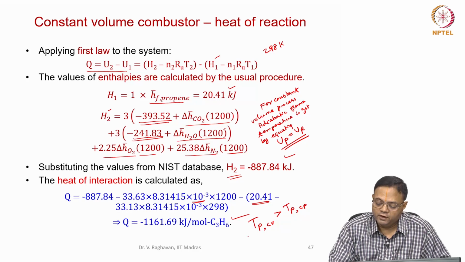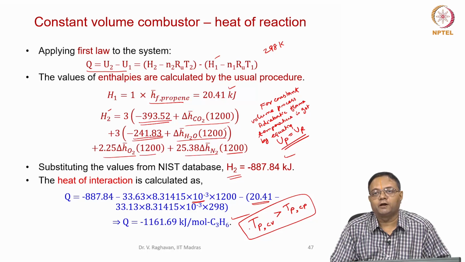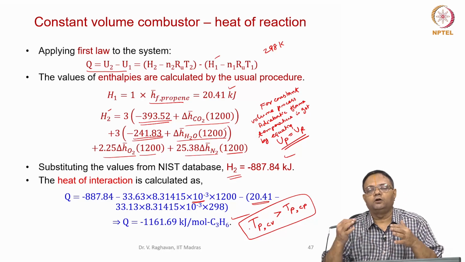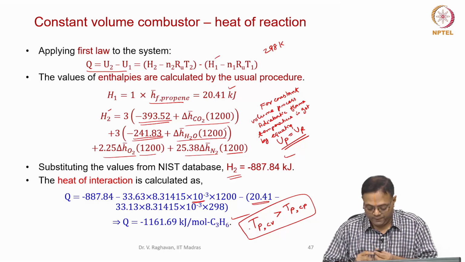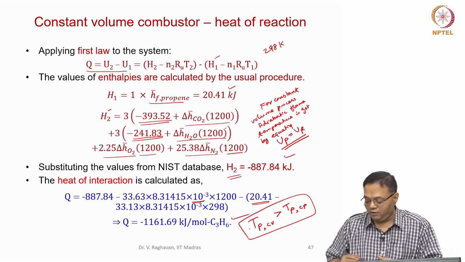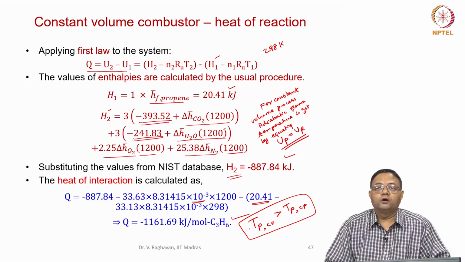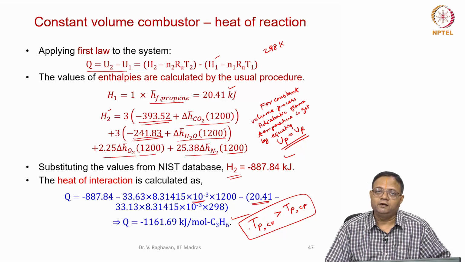This is because in the constant pressure process there is some work interaction, some amount of energy goes into doing this work, but in the constant volume process there is no work interaction. So, this covers the first law, that is the calculation of heat of reaction and temperature.